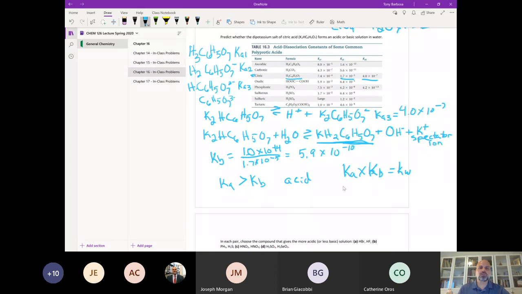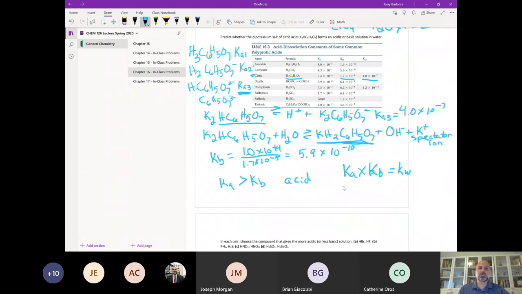So this doesn't have an acid dissociation constant, because it's no longer an acid. So when you're looking at your equations, in the first one we have the HC6H5O7 2 minus. That's the one that's associated with the Ka3. So that's where you're choosing that from.